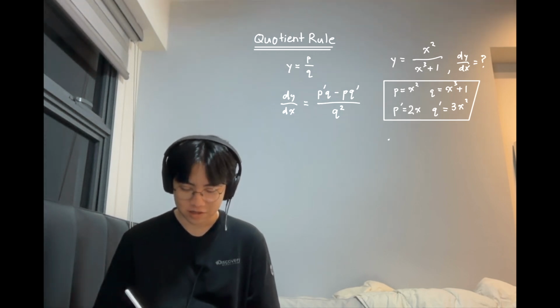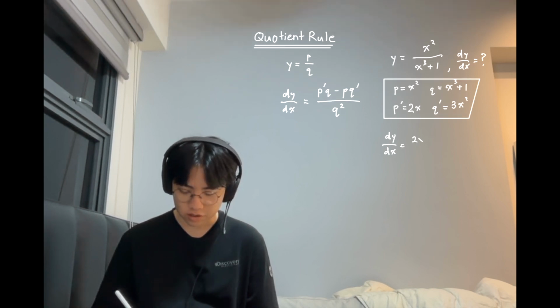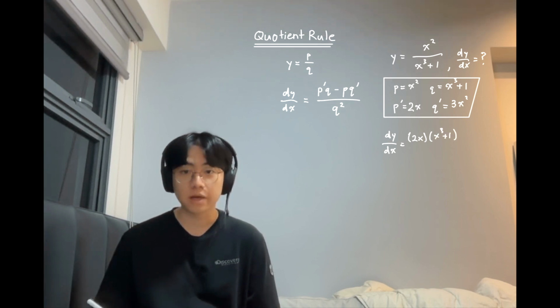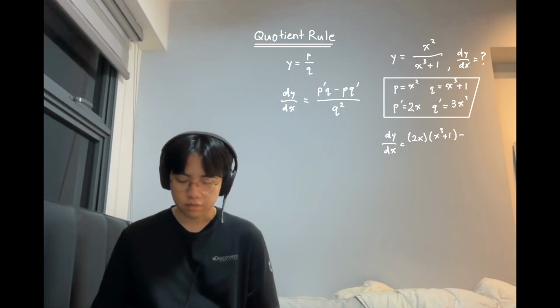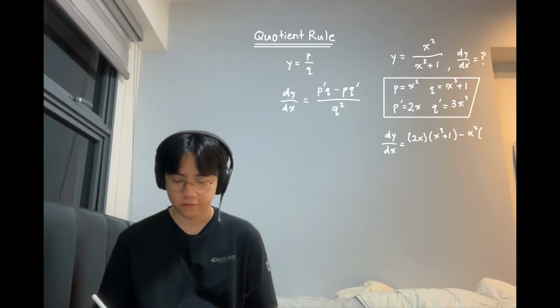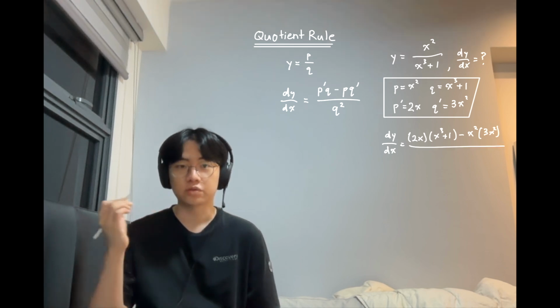So dy dx is equal to p prime, 2x, times q, which is x cubed plus 1, minus our p, which is x squared, times q prime, which is our 3x squared, all over q squared.